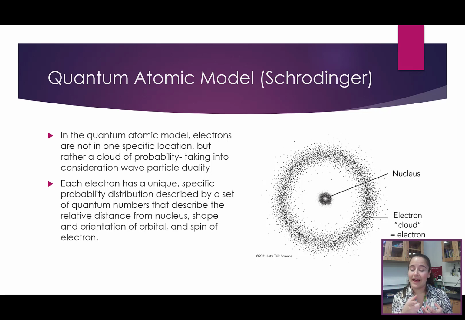The first describes the relative distance from the nucleus, just like the Bohr model. That's still the principal energy quantum number, the principal way that we describe where electrons are located. And now we go farther and deeper by describing the shape and orientation of the orbital that electron is in, and a property called spin of the electrons, which isn't actually spin, but the quantum world is weird.